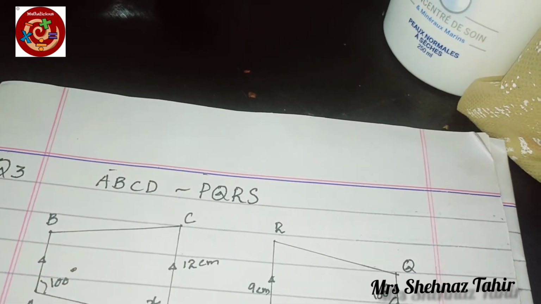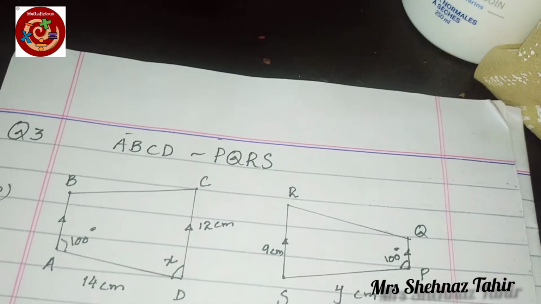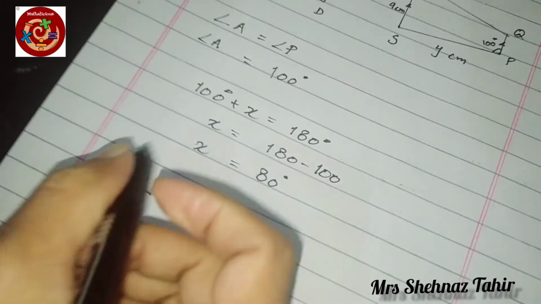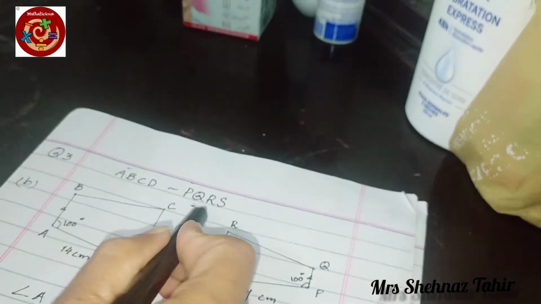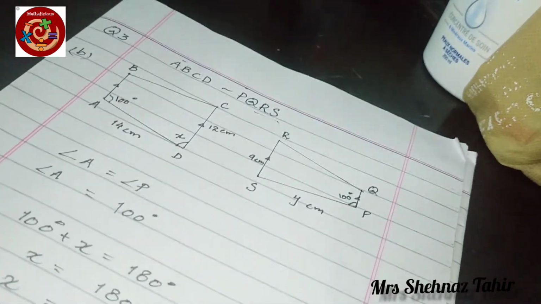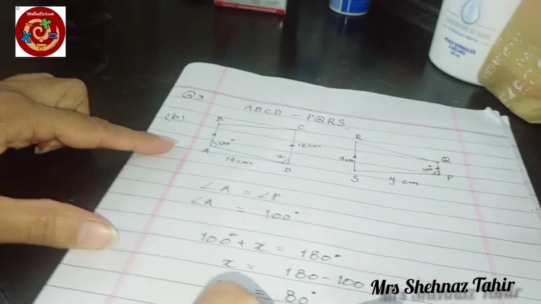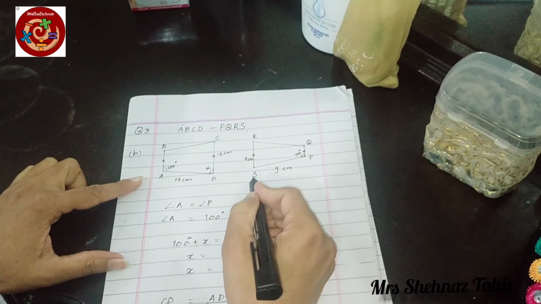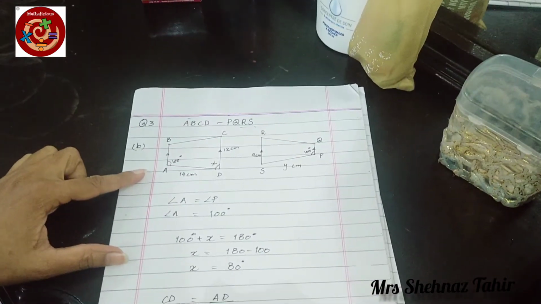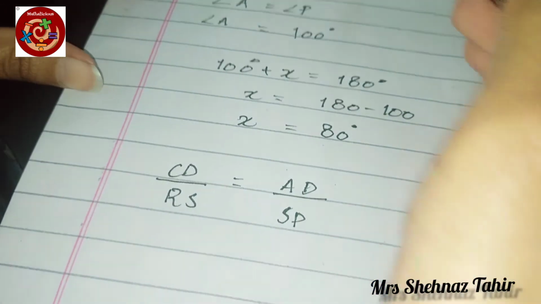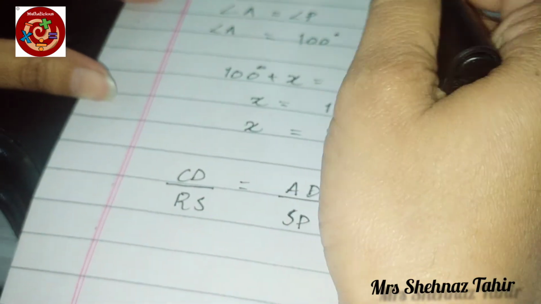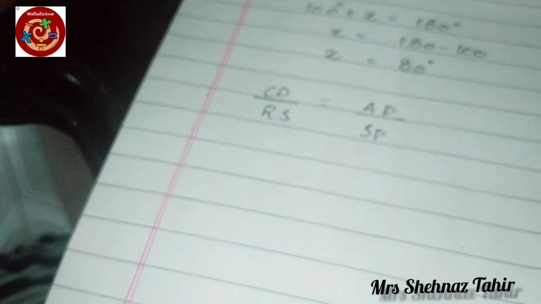So CD is proportional to RS. CD over RS is equal to AD over PS. AD over SP or AD over PS, both are the same.